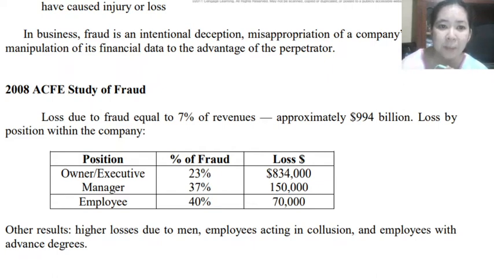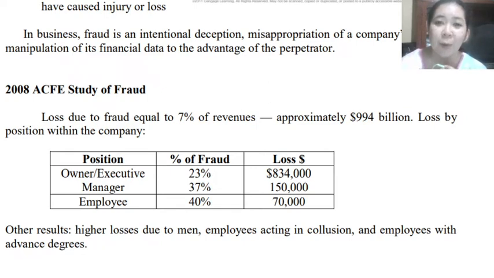Fraud committed by the owner or executive in management accounts for 20%, based on that study in 2008. Its equivalent loss is $834,000. While fraud committed by the managers accounts for 37%, which is equal to $150,000.